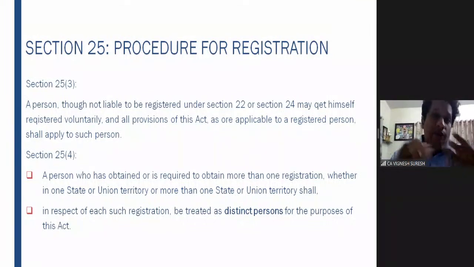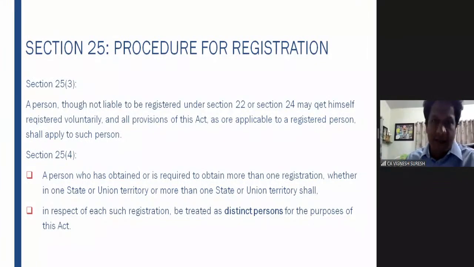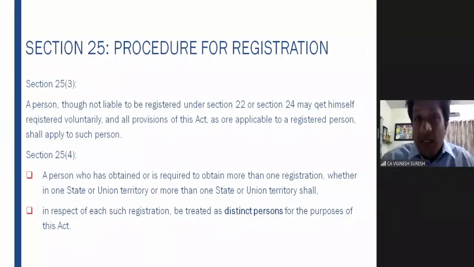So therefore, everyone started getting themselves registered under GST, even if their turnover was much below the threshold limit of 20 lakhs. But they were not prepared for the monthly compliance, like filing of returns. Another common misconception was, the moment I get myself registered under GST, only if my turnover crosses 20 lakhs will I be subject to GST.